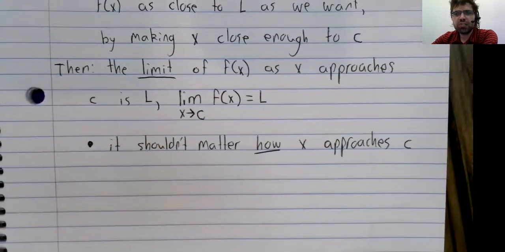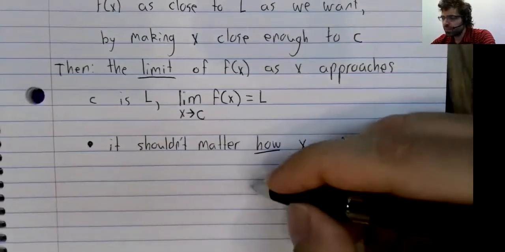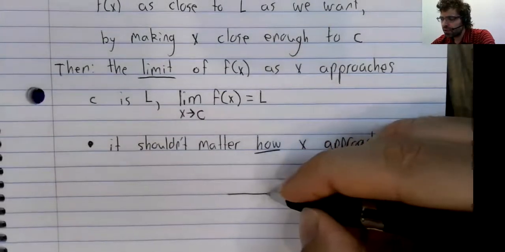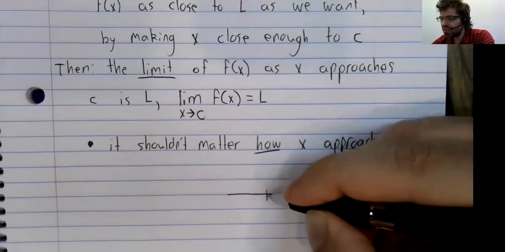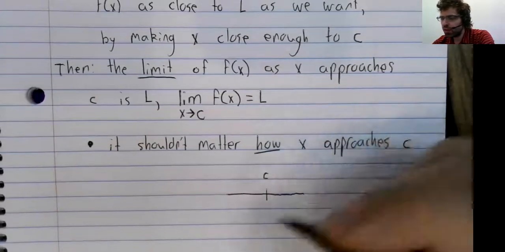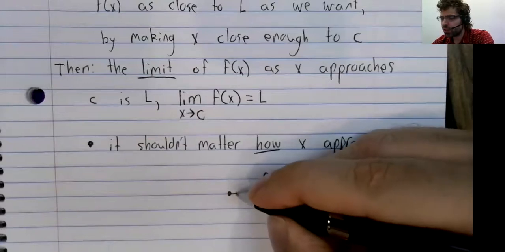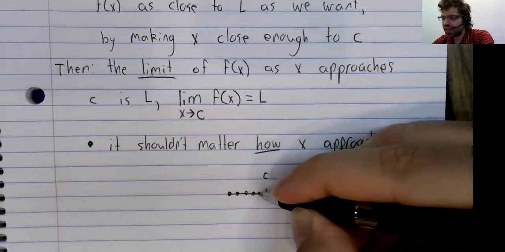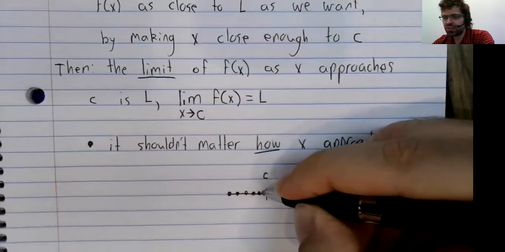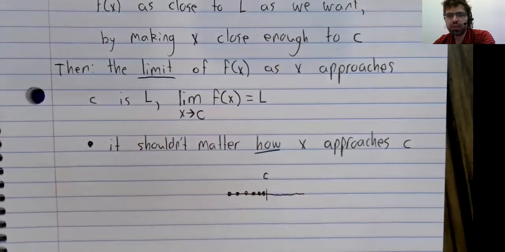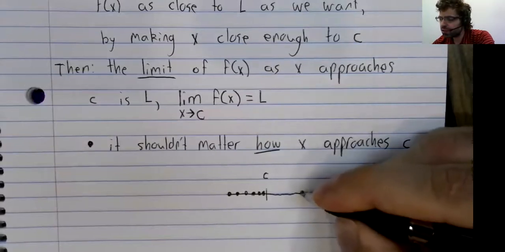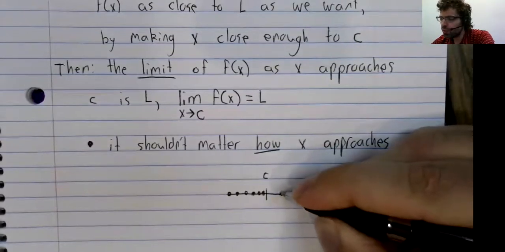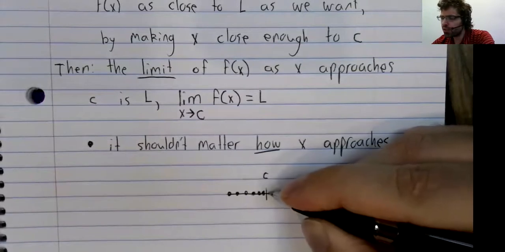The easiest to understand example of what I mean by that is that if c is here, it shouldn't matter which side x is approaching c from, whether it's from the left or from the right.